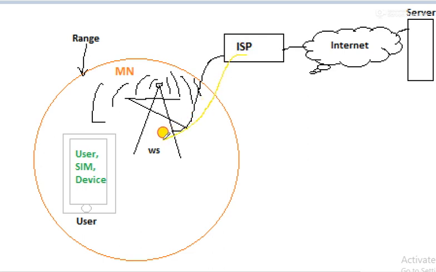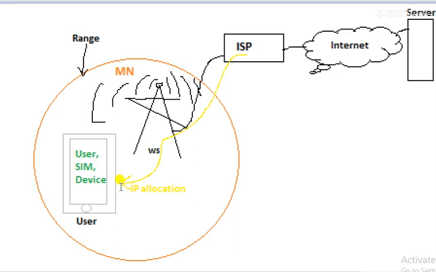The internet service provider will try to assign some IP address. I'm just writing here as IP allocation. So as usual the same thing will happen, that is the IP will be allocated to this mobile device by this internet service provider to maintain the communication and to identify the user basically.